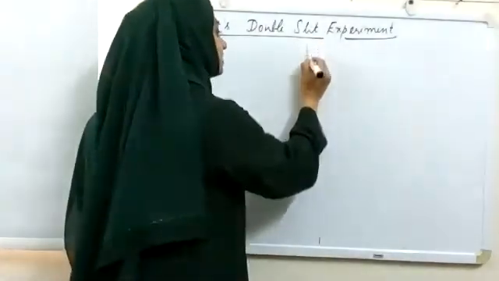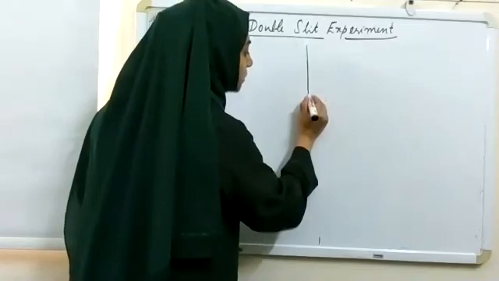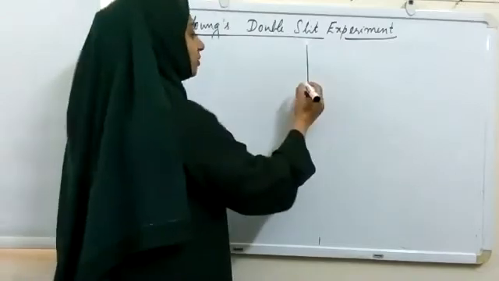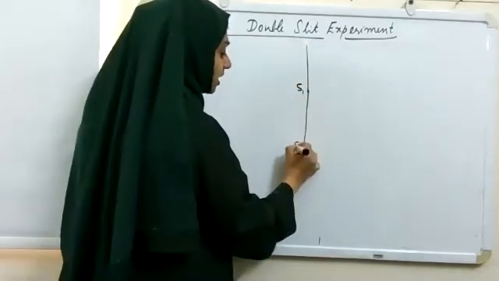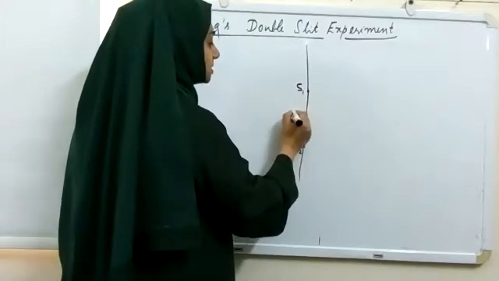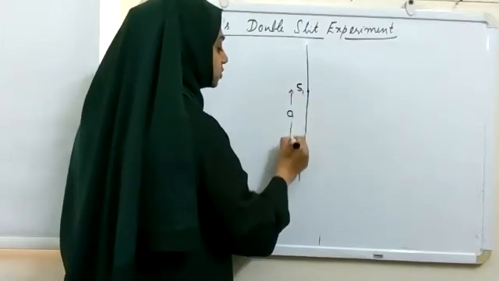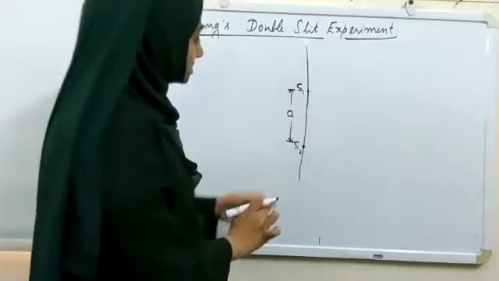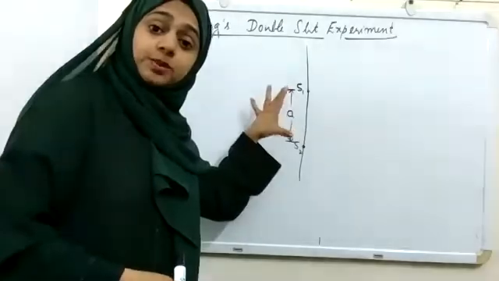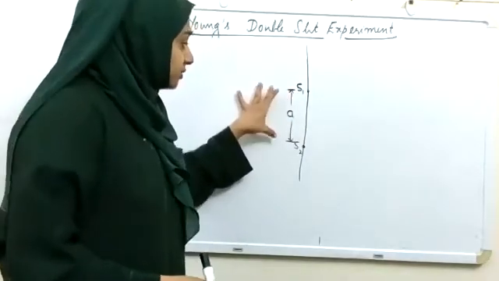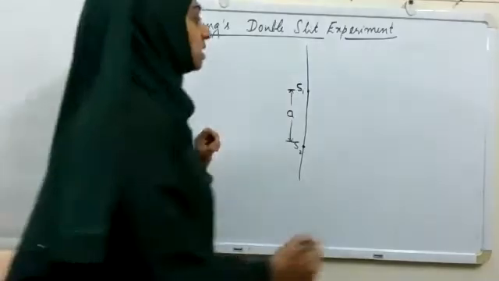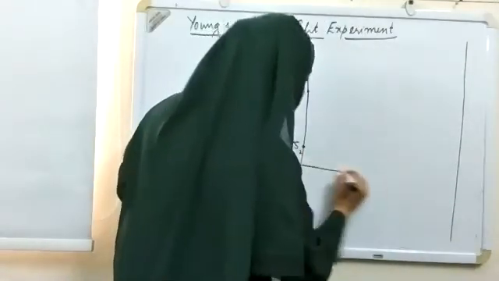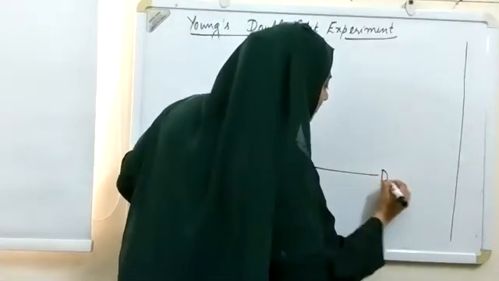Here we have light coming from a single source divided into two slits. The two slits I am showing by dots because they are very narrow, S1 and S2. Suppose the separation between these two slits is A. One of the conditions for interference is that the slits should be placed very close to each other, which means A is very small compared to the distance of the screen from the sources, which I note as capital D.